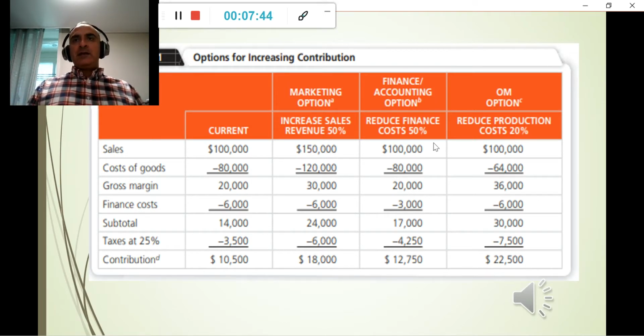I cut costs by 50%, or I reduce the production cost, everything, the operations management option. Which one is going to generate the most profit? You realize here, obviously, the one that generates the most contribution is if I maximize and optimize my operations, rather than just selling more expensively, or rather than just cutting employees or cutting costs of the fabric, or, I don't know, operating the machines for less time.